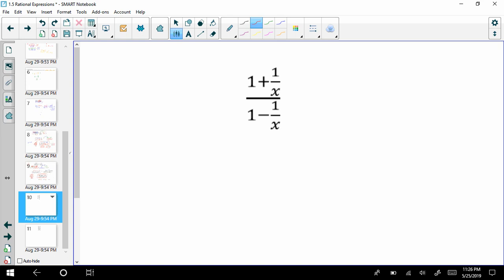Let's look at just the top first. So ignore everything outside of that. First off, this 1, I could write it over 1. 1 over 1 is the same as 1. So let's get a common denominator up top. Well, this one has a 1 and this one has an x. So really, we just need to give the left one an x. So then I'd have to give the top an x.